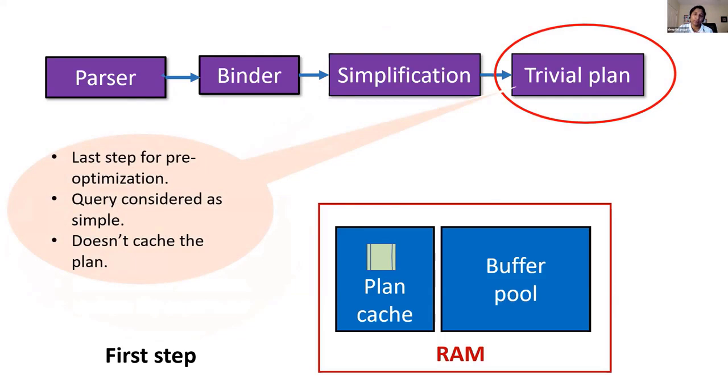At this phase, if the SQL Server thinks that the query is very, very simple, like select star or select star with a simple where clause, then the SQL Server will think, why not create an execution plan, the trivial plan, on the fly, because the query which the user submitted is very, very simple. It will discard all the parse tree which we have updated in the plan cache until now, and it will use that trivial plan and send it to the execution.